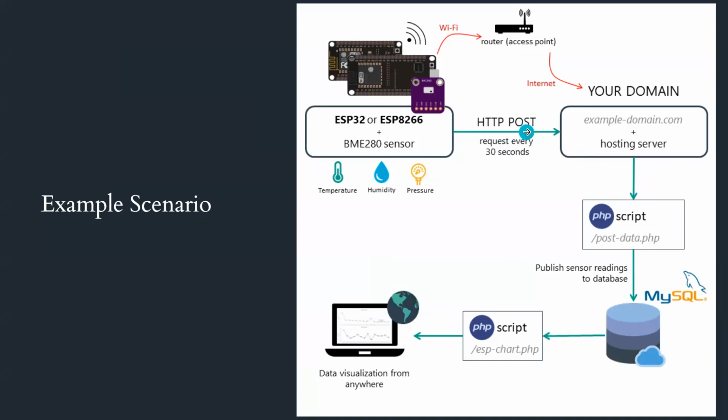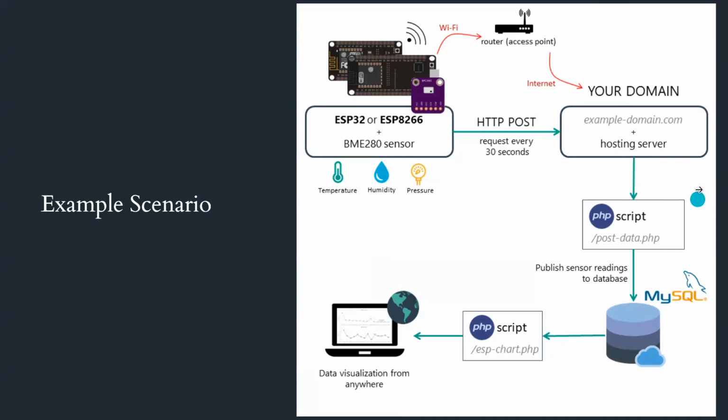The HTTP POST function is used to update the data in the domain, in the server that we are using to store our data. So the HTTP POST command is used to update the data there.